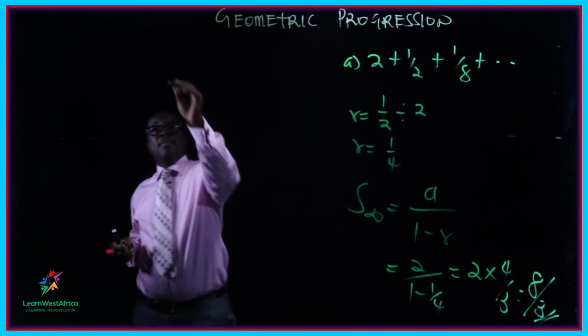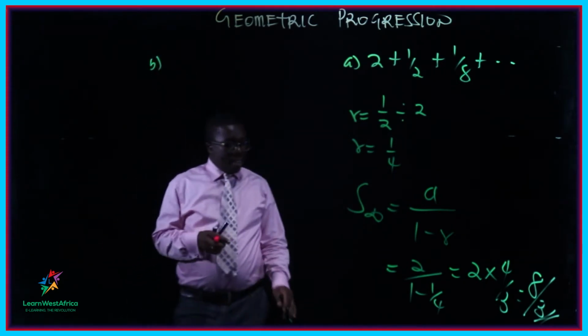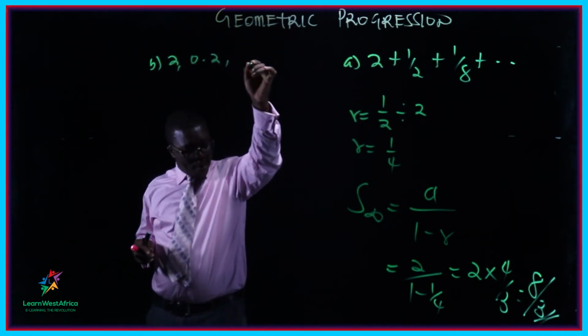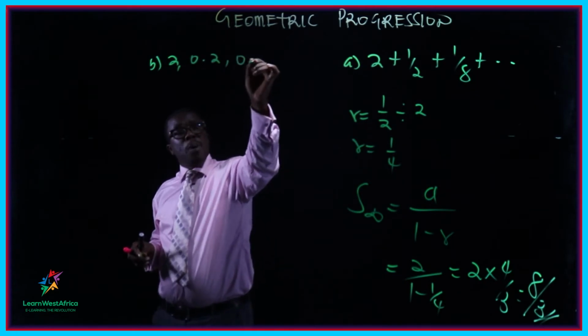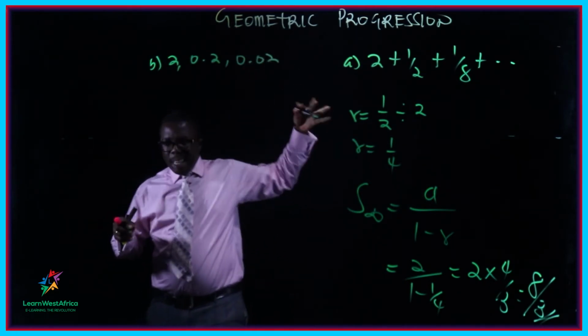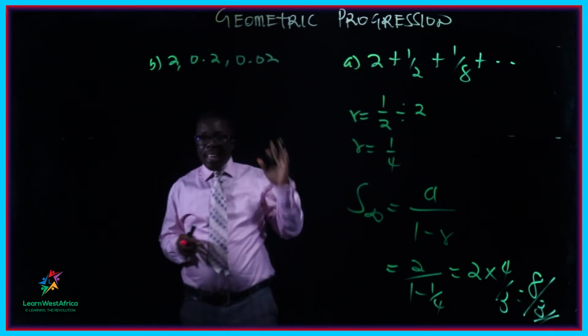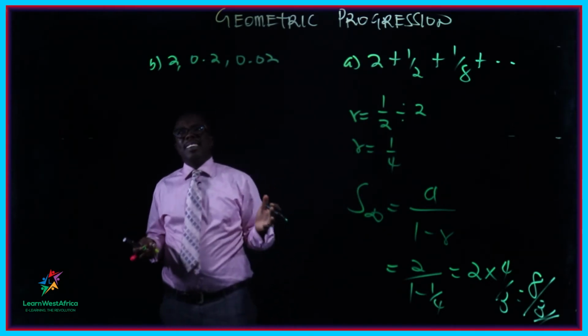The second part says you have 2, 0.2, then 0.02, and it keeps on in that sense. The problem is asking for the sum to infinity.